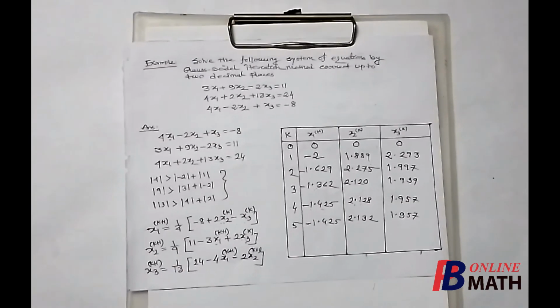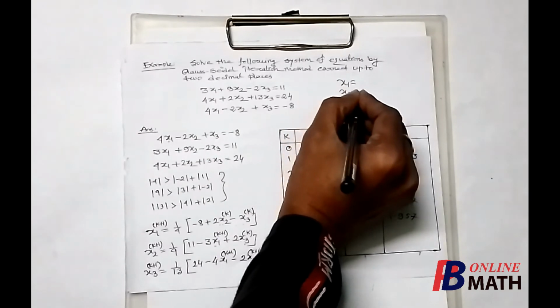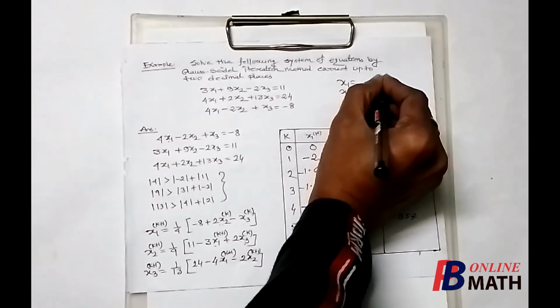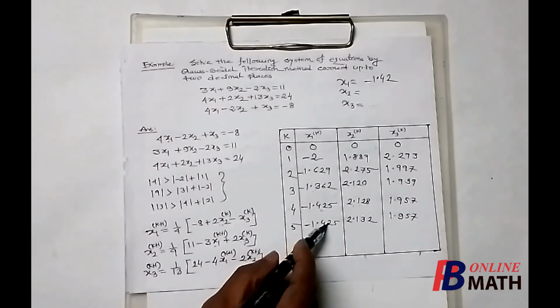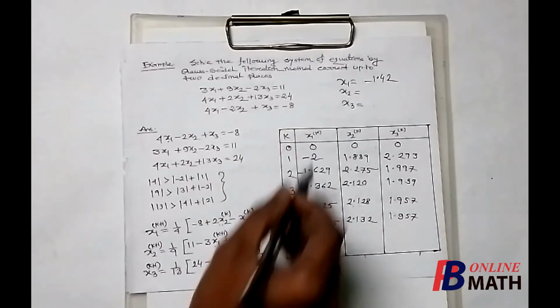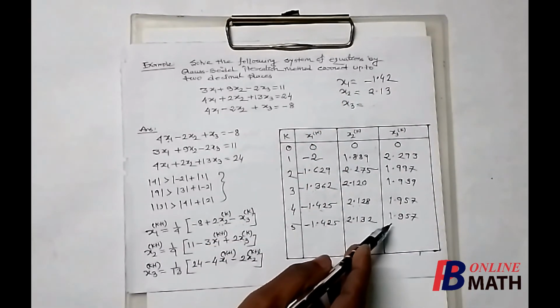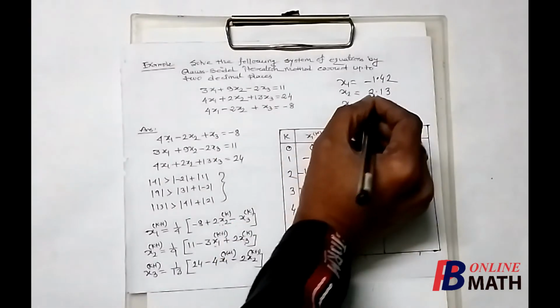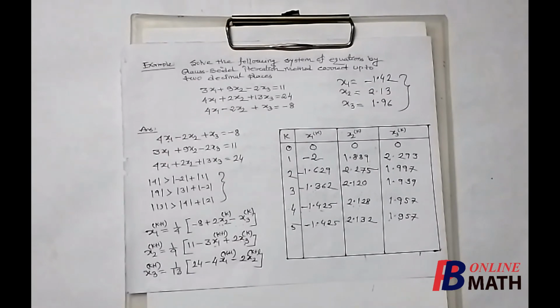We write the solution like that: x1 is minus 1.42, x2 is 2.13 and x3 is 1.96. So this is the required solution, correct up to 2 decimal places. So that completes the solution.